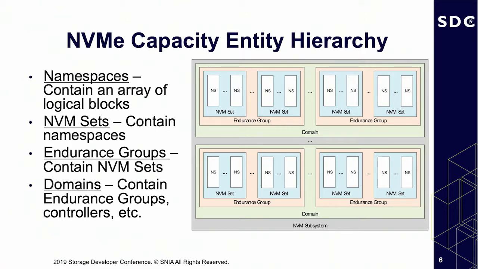So key value namespace will be a new namespace type. But also ZNS. If you go to a ZNS talk today, ZNS is a new namespace type. And so this work is agnostic to whatever namespace type you want. You can have various namespace types within a single set. There's nothing that prohibits that.